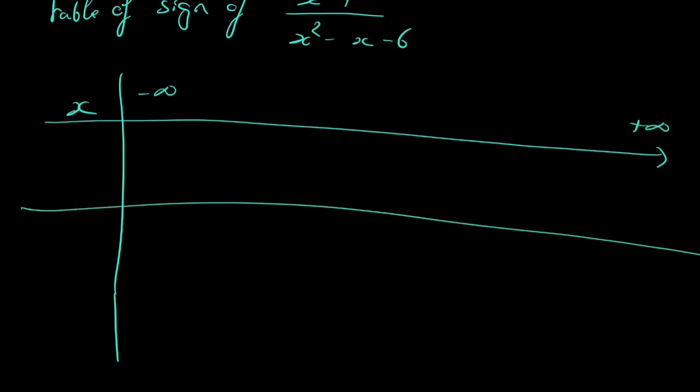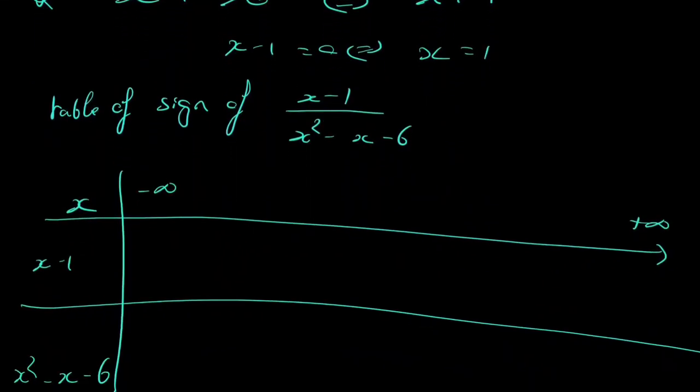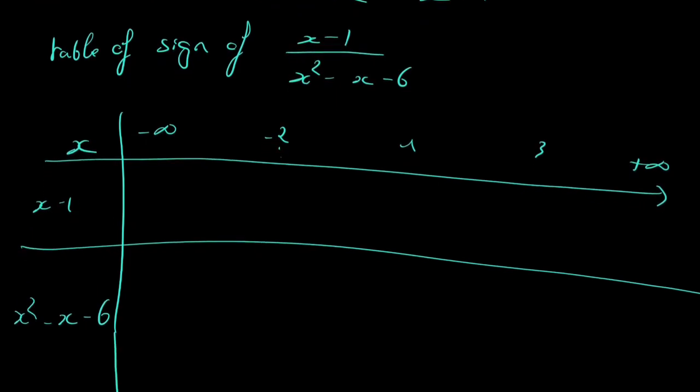We've got the sign of x minus 1 and the sign of x squared minus x minus 6. So what are the important points? Important points are minus 2, 1, and 3. Because in minus 2, this will be equal to 0, in 3 as well, and in 1, this is equal to 0.